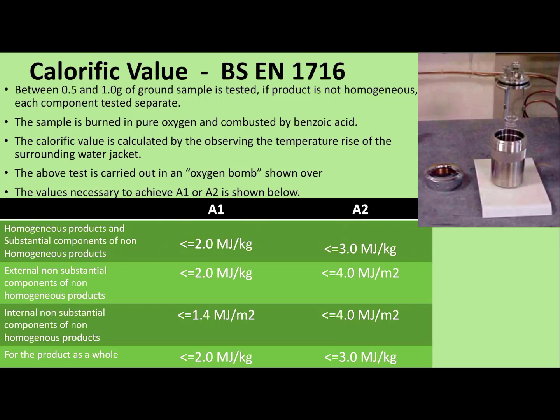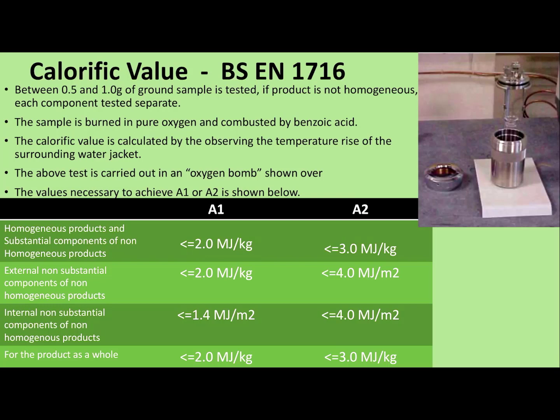So the first thing that happens is whatever the sample is, let's assume it's homogeneous. It's one product, a calcium silicate board, for argument's sake. Then you would mash the product up in a pestle and mortar and create a powder, and it would be tested.